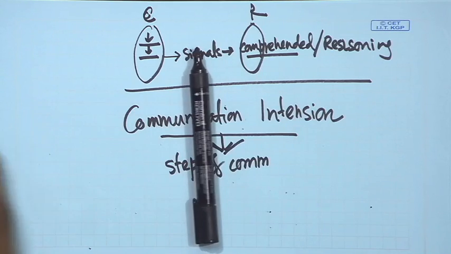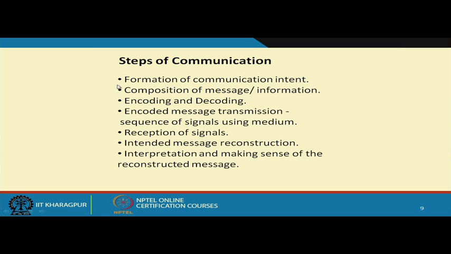So if we look at what the different steps of communication are, first is the formation of the communication intent, which is exactly in line with the model for communication we talked about yesterday. The formation of the intent is very, very important, and then it is the composition of the message or information itself.